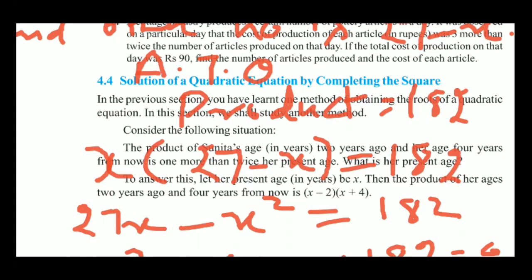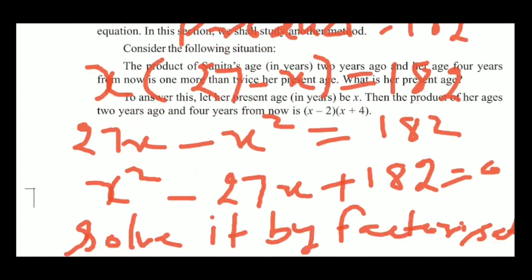After opening the brackets, you will get 27x minus x square equals 182, and shifting all the terms from the left hand side to the right hand side, you will get x square minus 27x plus 182 equals 0. This is the required equation. Now after getting this quadratic equation, solve this equation by the factorization method, and you will do this question yourself.